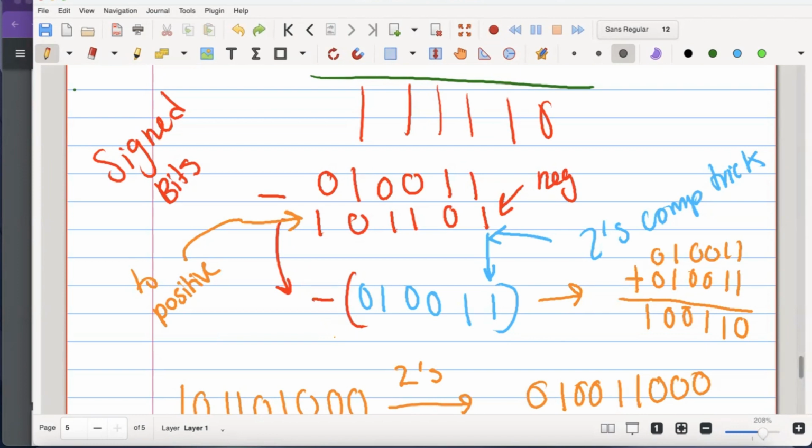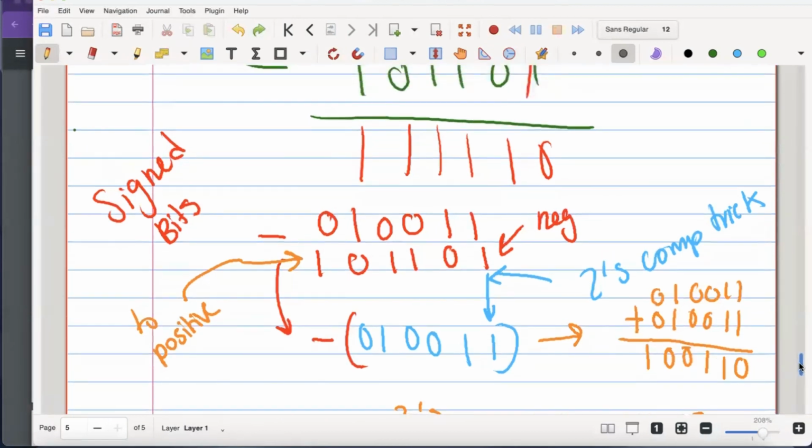And the solution that we got was negative, because right here is a negative number, because it starts with a 1. So what do we do, really? We did subtraction, but it's utilizing our previously stated concepts.